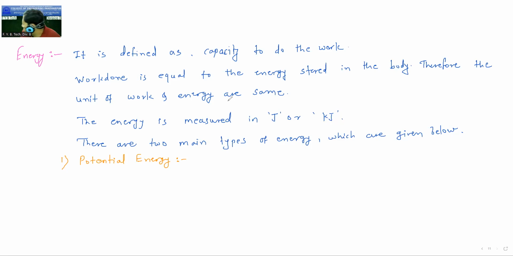You have already covered kinetic energy and potential energy. So here you can write the definition. Correct. By virtue of its position. Okay, so write the definition.